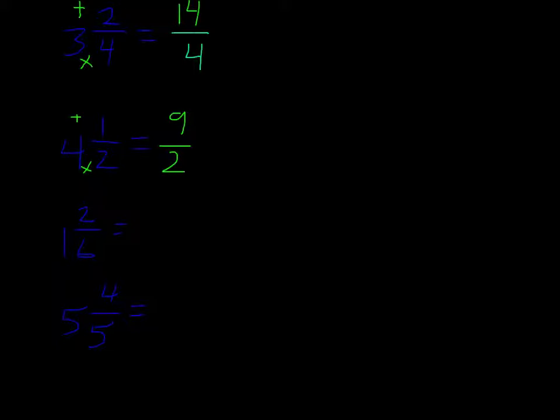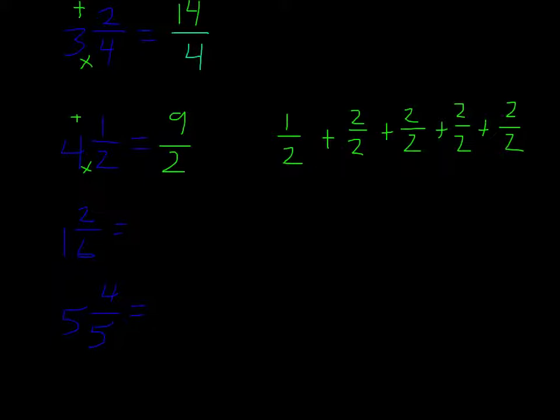Now, if we did this the other way, it would be the same thing. It would be our 1/2 for our fraction plus our whole number, which would be 2 halves plus 2 halves plus 2 halves plus 2 halves.